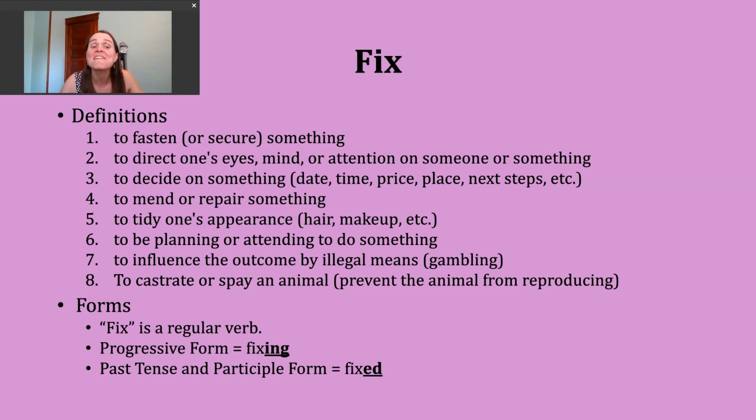You should know that fix is a regular verb. To make the progressive form of this verb, all I need to do is add ing to form fixing. Now, some of my students who have great attention to detail always stop me when we talk about this verb in classes and say, wait a second, Katie, you always tell us if we have consonant, vowel, consonant, and it's one syllable, I need to double the consonant.